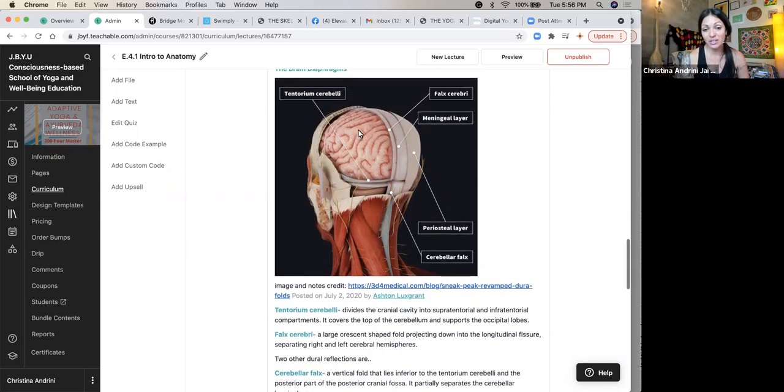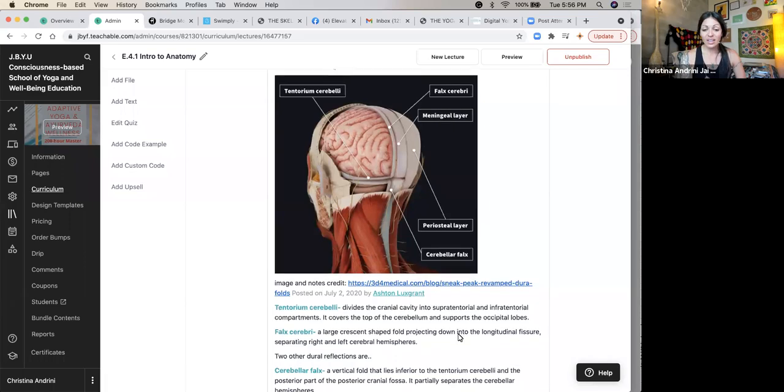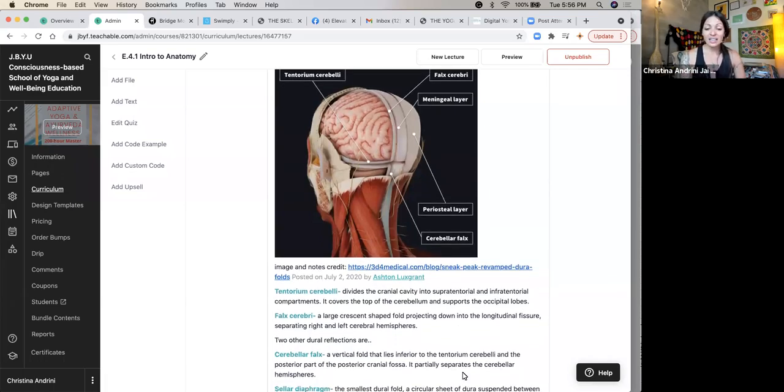So it's underneath it, in the posterior part of the cranial fossa, and it partially separates the cerebellar hemispheres, left and right, on the bottom where the brain connects.